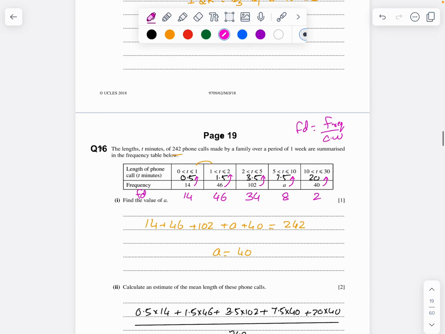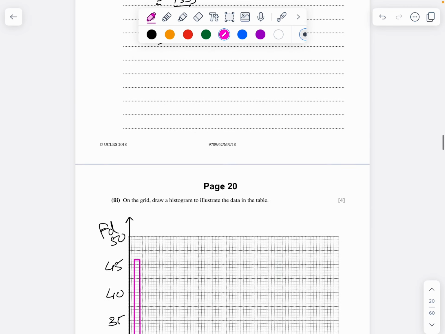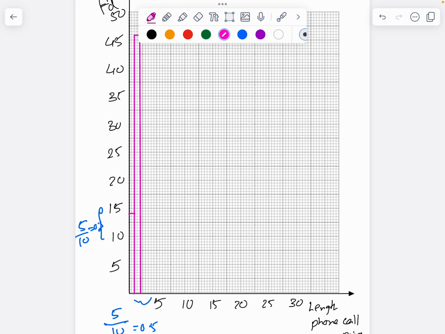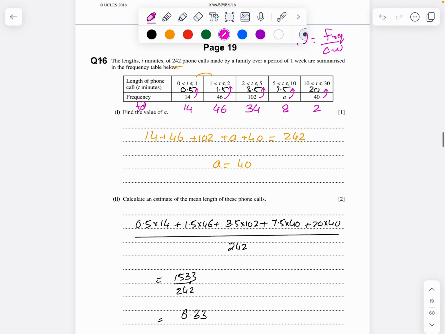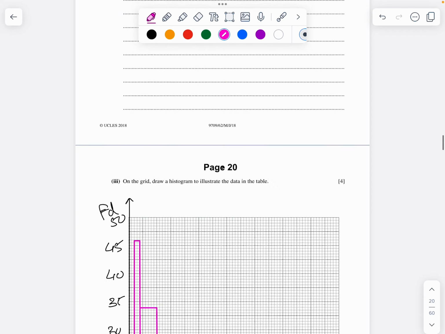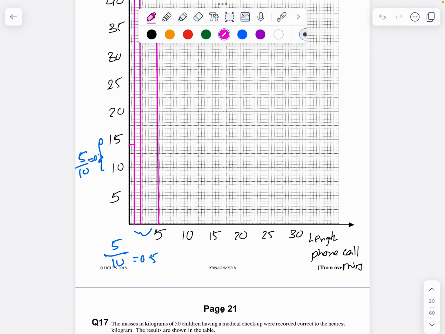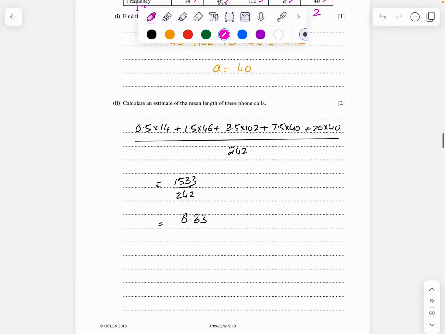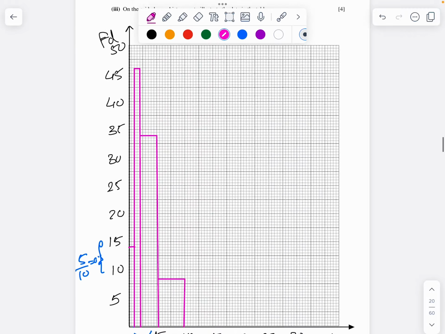Then 2 to 5 is 34. Then 5 to 10 is 8. And finally 10 to 30 is 2.